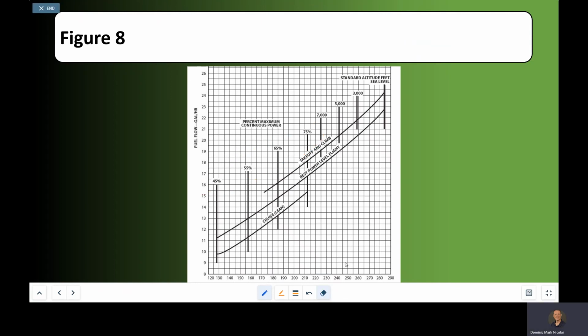It's also entirely possible that you'll be given a brake horsepower setting. For example, a question might say you've got 200 brake horsepower used for takeoff and climb. What's the fuel flow if they have it for X number of minutes? So very straightforward chart. But keep in mind, this cruise lean is your best economy setting.